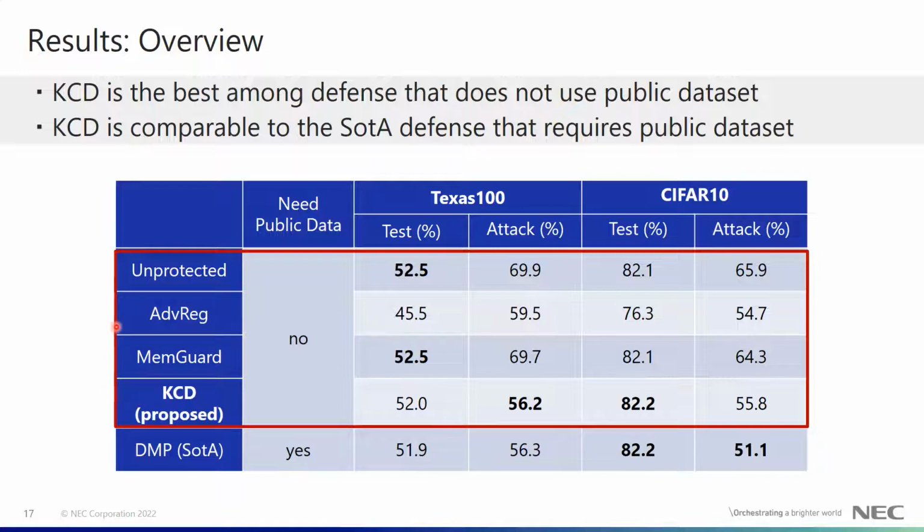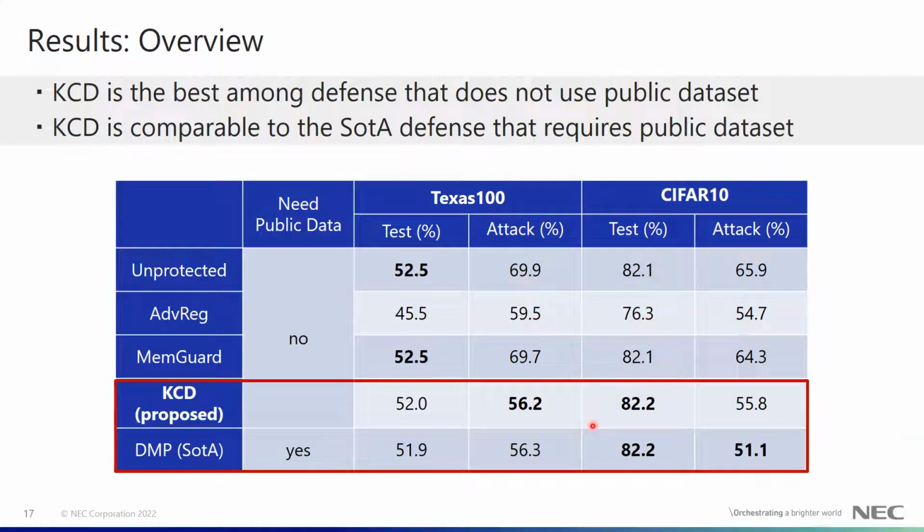KCD is the only defense achieving high utility and low MIA risk. Secondly, KCD is comparable to the state-of-the-art defense that requires a public dataset. Both have high utility and similar privacy level. Nonetheless, KCD doesn't require any public dataset.